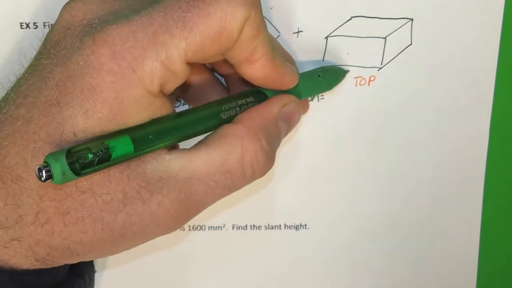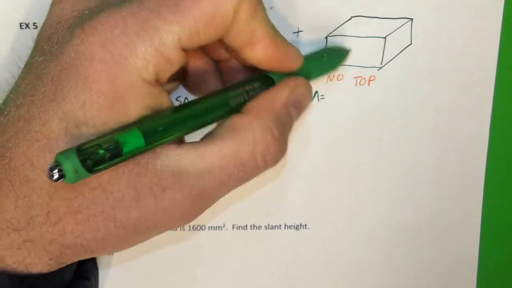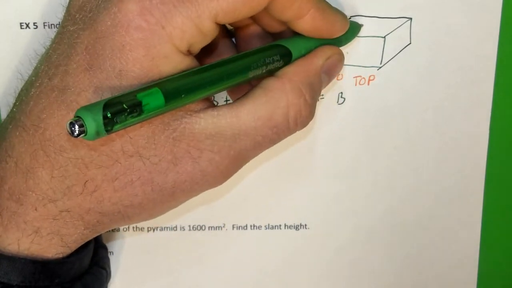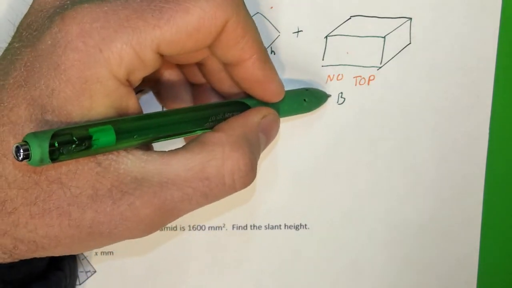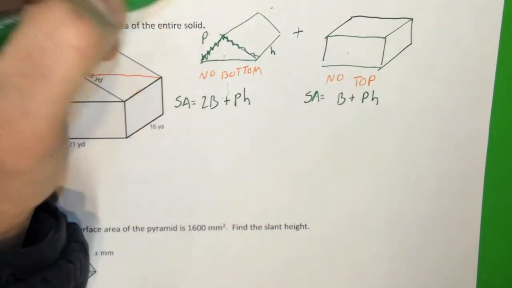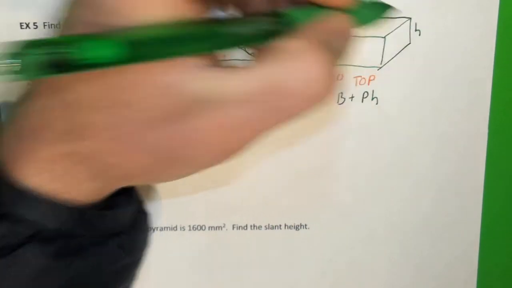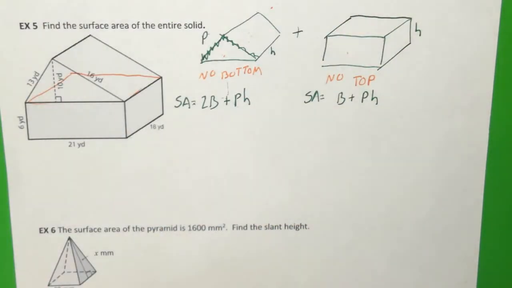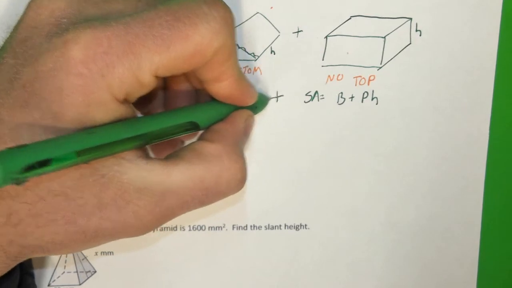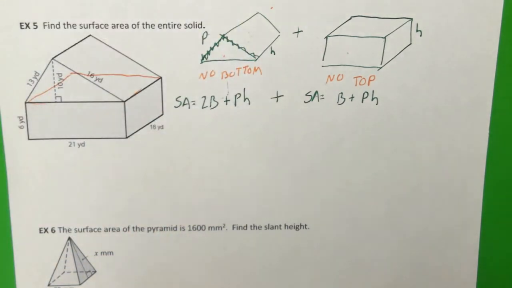If you think about it as a rectangle at the bottom extended up, it is going to have a base at the bottom, but there will be no base at the top at all. So this will only have one base, and then it will have a perimeter that is multiplied by the height. And this time I would treat the height as the actual vertical height. Once we've calculated the surface areas for both of these, then we're going to add them together and we'll be done. So let's see if we can do that.